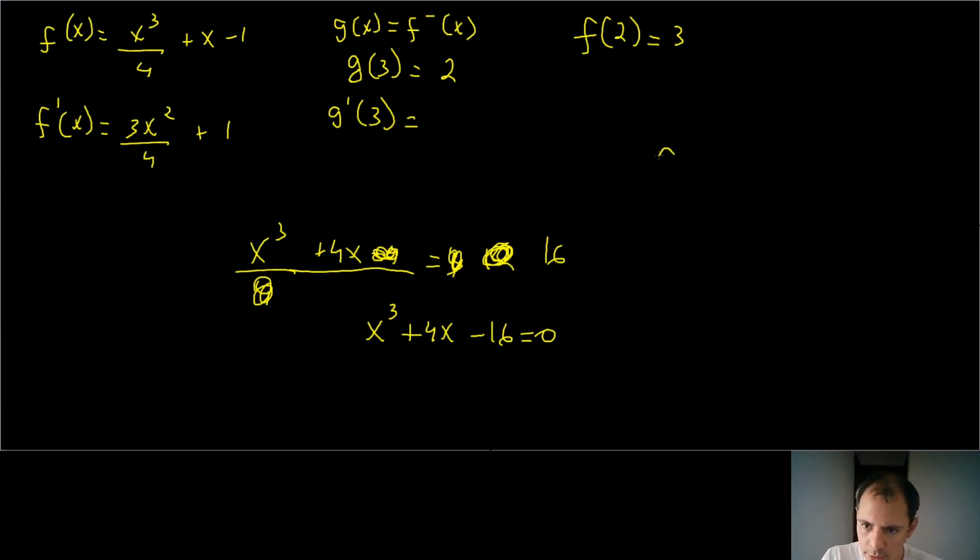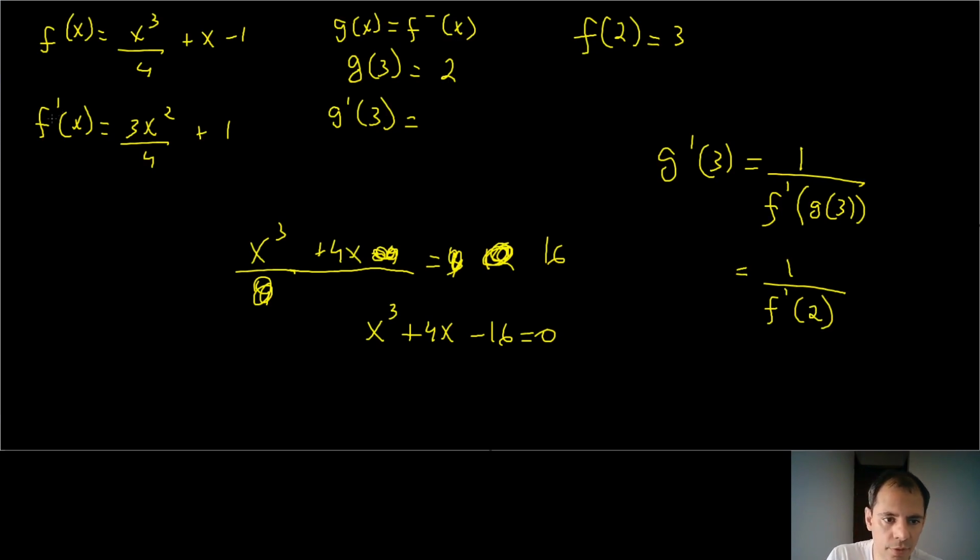Well, remember the theorem: the derivative of the inverse g at 3 is going to be 1 divided by the derivative of f at g of 3. Now what is g of 3? g of 3 is going to be 2.